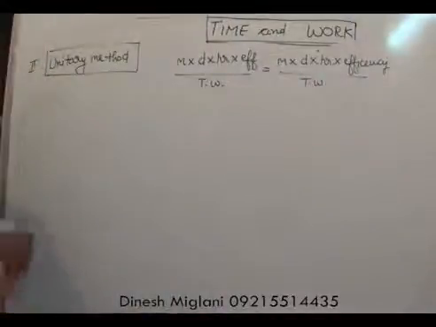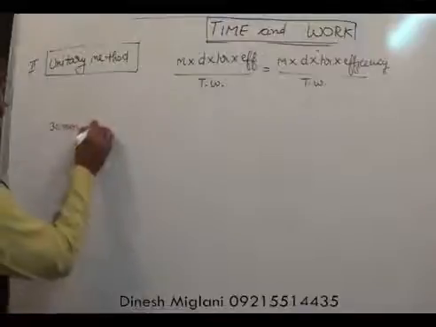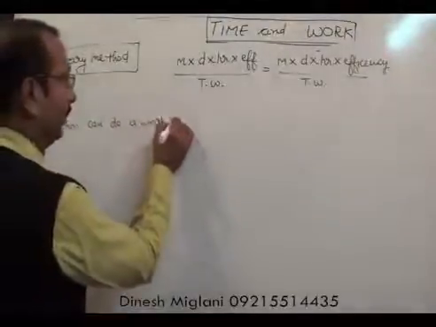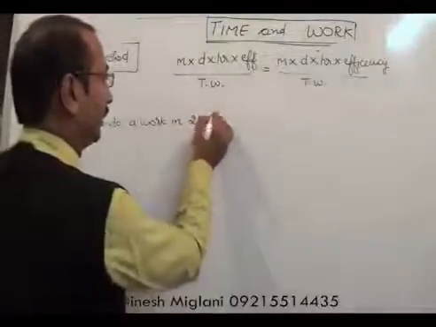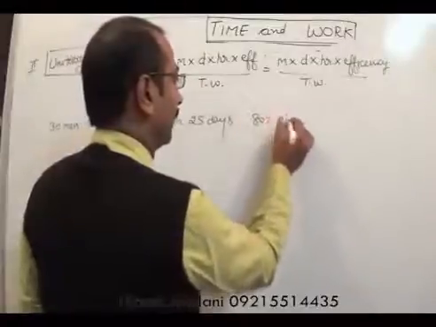Suppose it is given that 30 men can do a work in 25 days working at 80% efficiency.